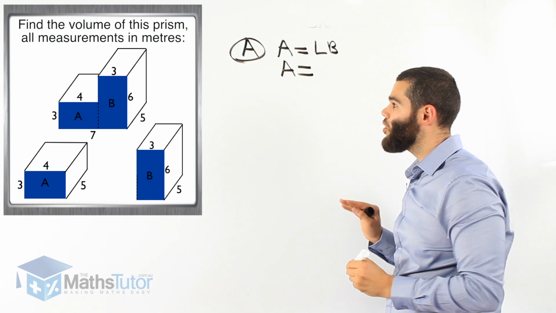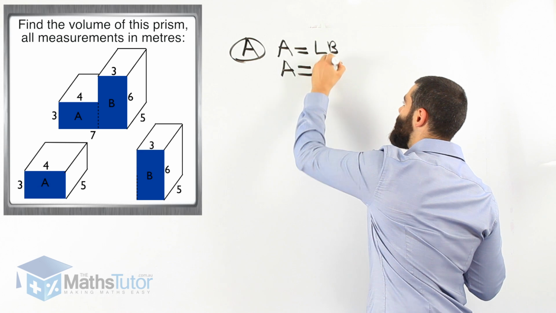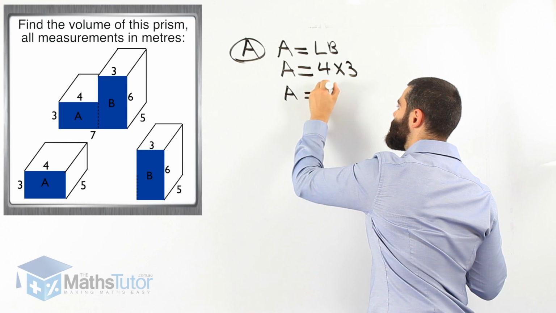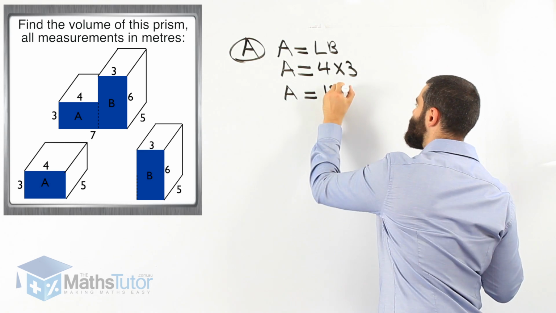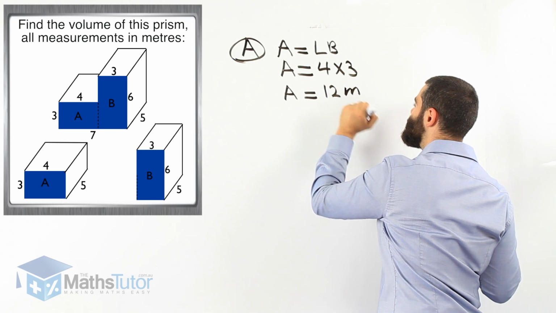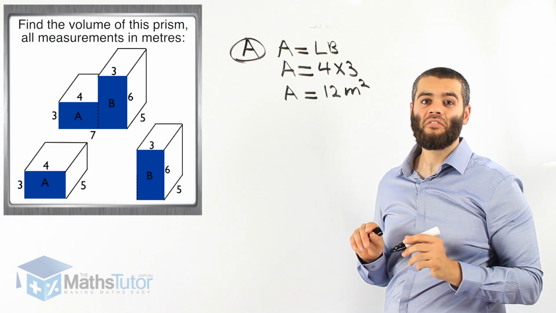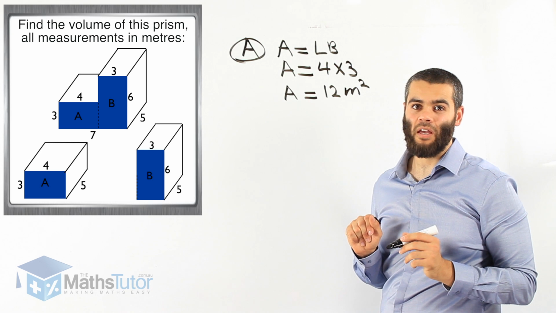The length is 4 and the breadth is 3. So 4 times 3, area is 12. Now we know the units are in meters, so 12 square meters. That is the area of rectangle A, that cross section there.